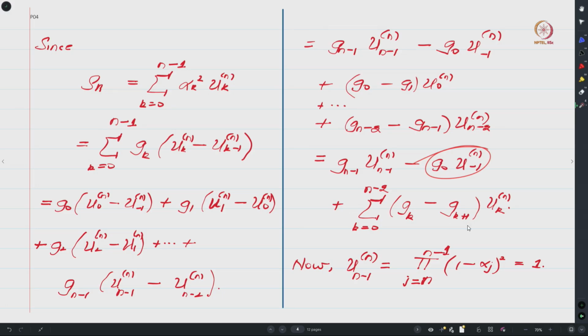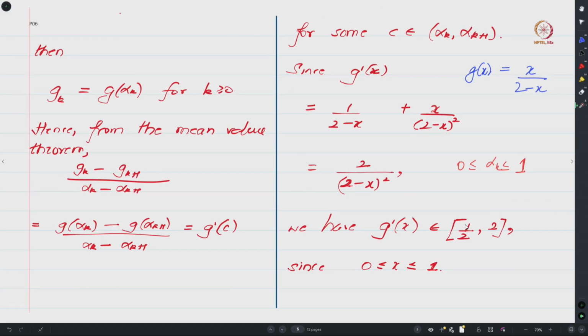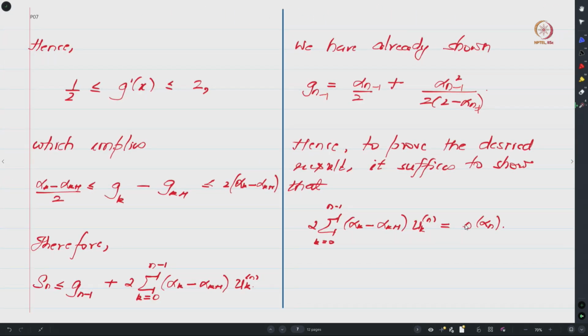So we have an expression of this form, and now we use the intermediate value theorem to replace this gk minus gk plus 1 with alpha k minus alpha k plus 1. That is what we have done. So if you notice, we have said gk minus gk plus 1 is upper bounded by 2 times alpha k minus alpha k plus 1, and hence we have obtained this expression.